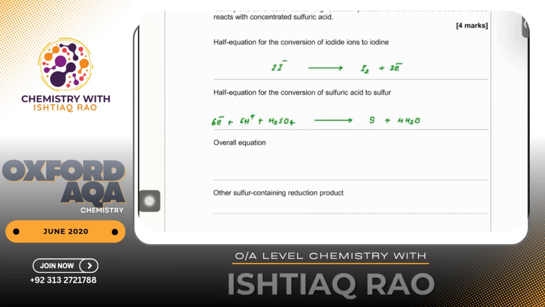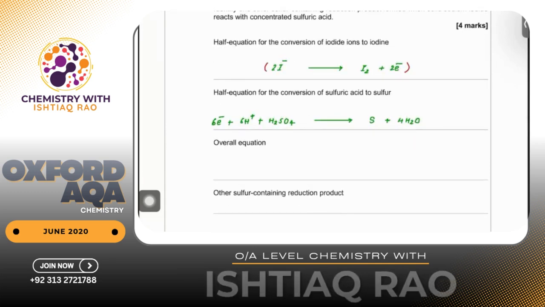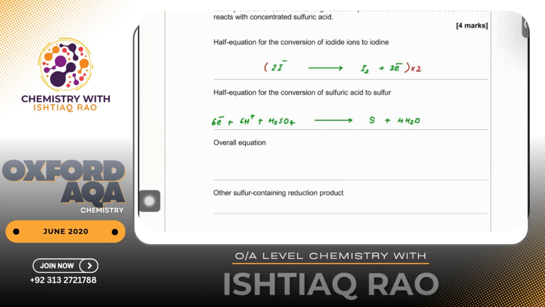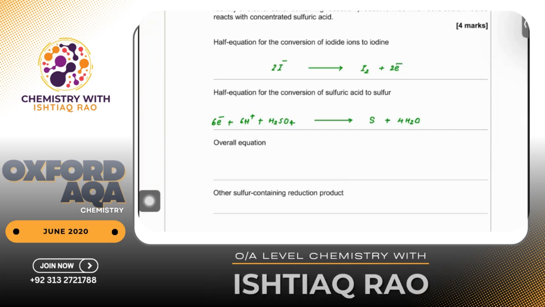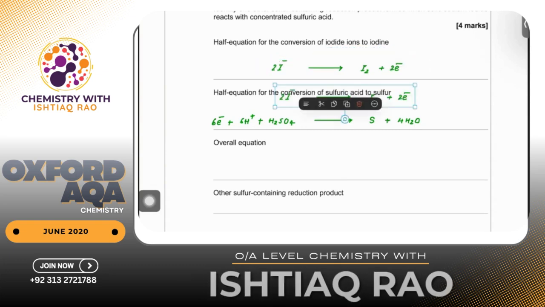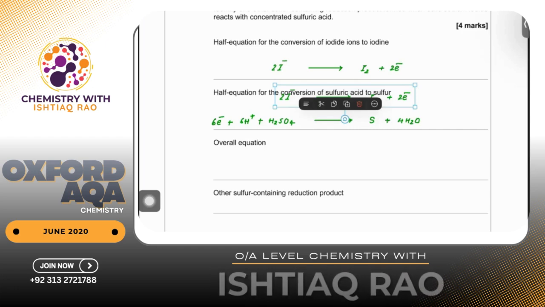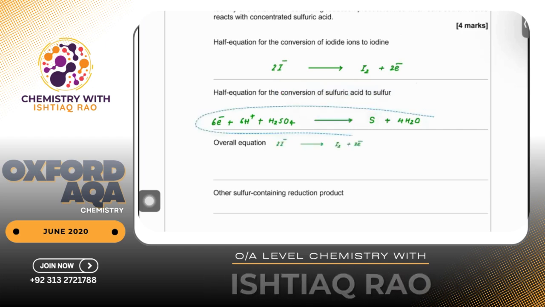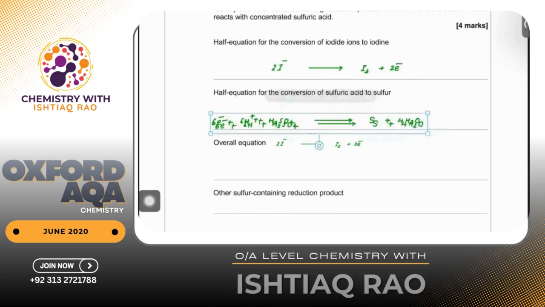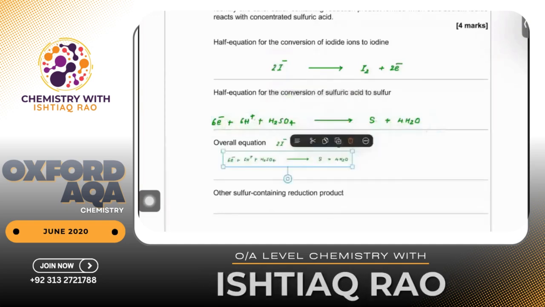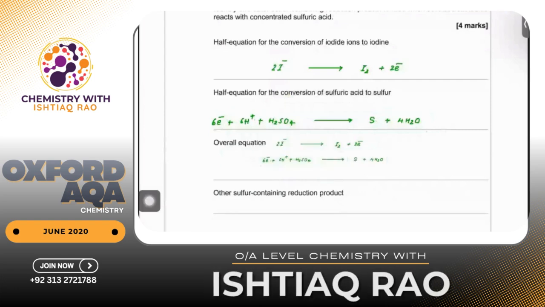Then we have to balance this equation. It should be multiplied by 2. Why are you multiplying that equation by 2? Because when we add the two equations together, the electrons should be cancelled.